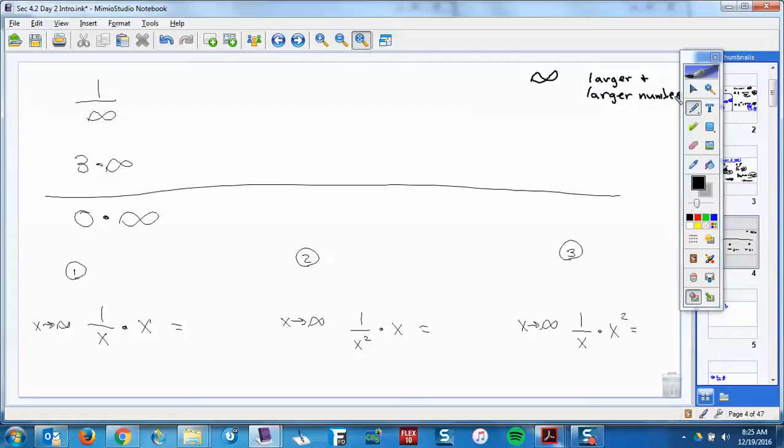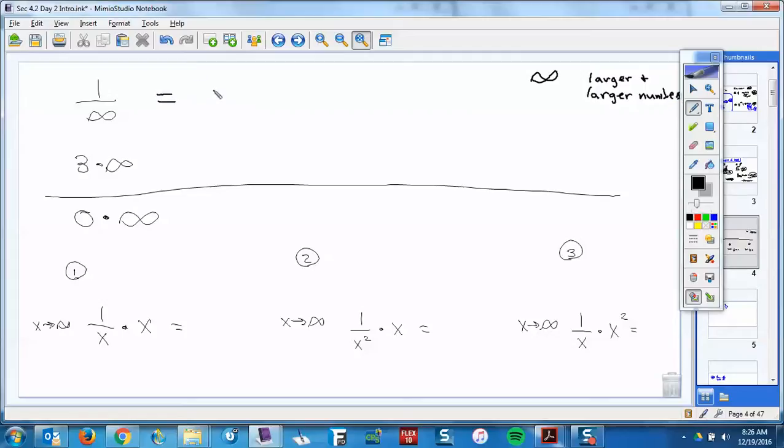Okay. So when we talk about 1 divided by infinity, we're not really dividing by infinity. We're saying, what is this fraction approaching? What are these values doing on this fraction as the bottom gets bigger and bigger and bigger? We can just write 1 over infinity, but what we really mean is 1 divided by bigger and bigger and bigger numbers is getting what?